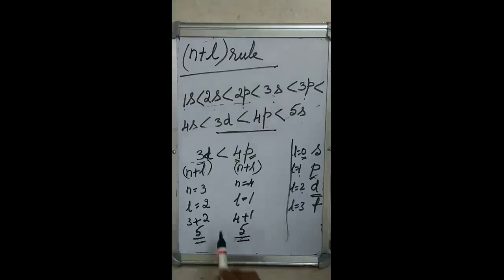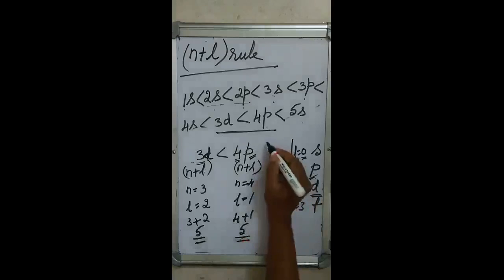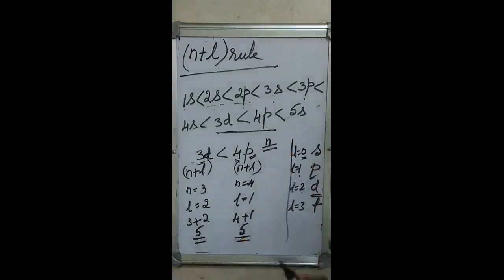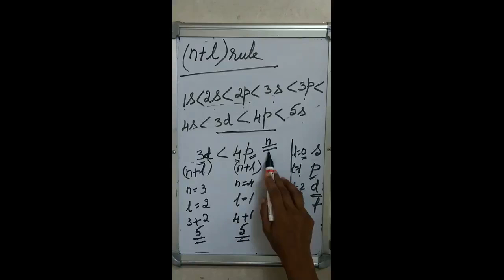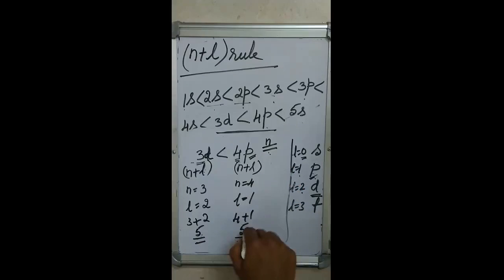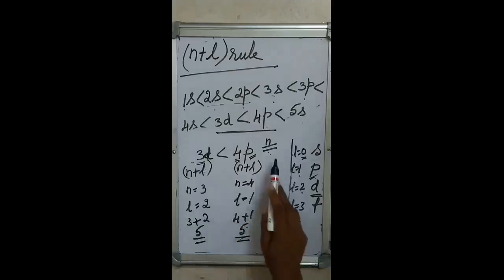So if such cases are there, then you have to see the n value. Based on the n value, you should decide which has a lower energy and which has a higher energy.